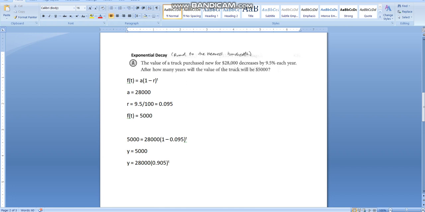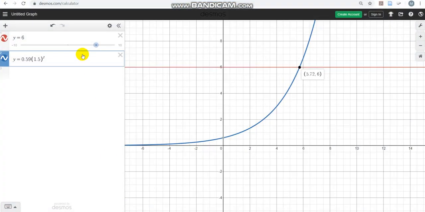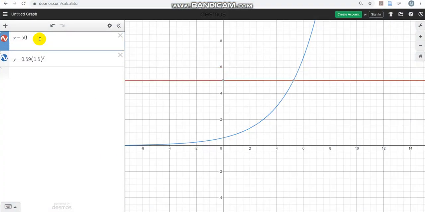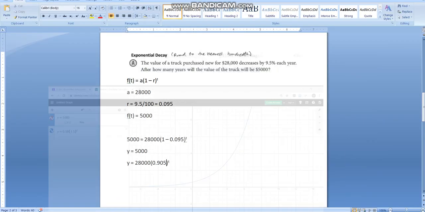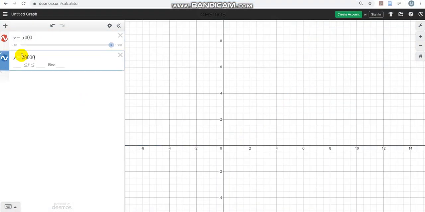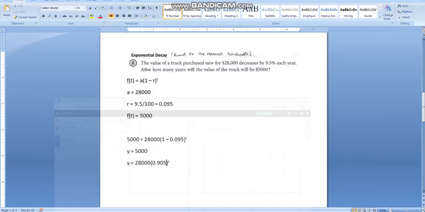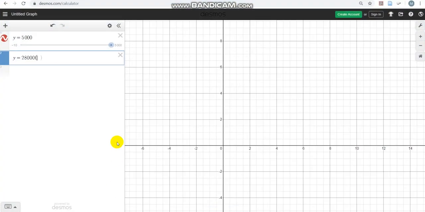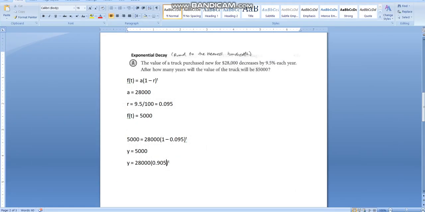So you would have to graph this function and this function. So y equals 5,000, and you have to graph the other one: y equals 28,000 times 0.905 raised to the power of t.